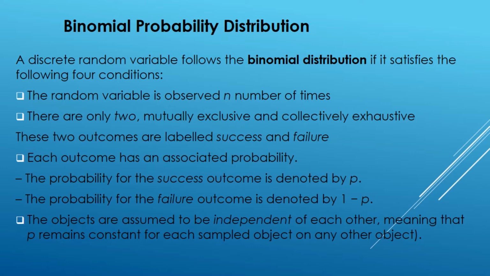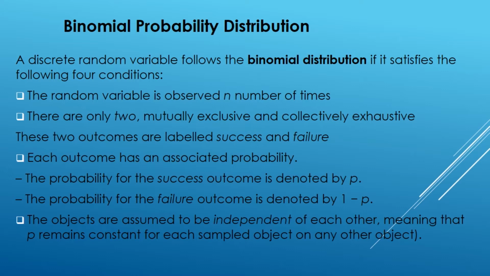Binomial probability distribution follows four conditions. The first condition is that the random variable is observed n number of times. In your questions, you will always be given the number of times you're observing a certain thing. That will be your n.